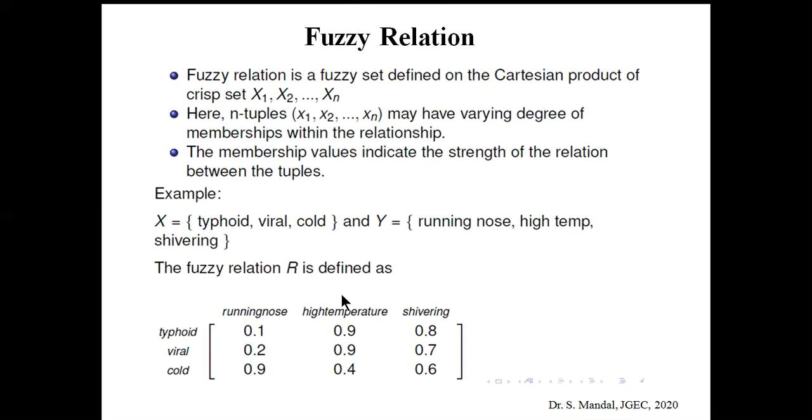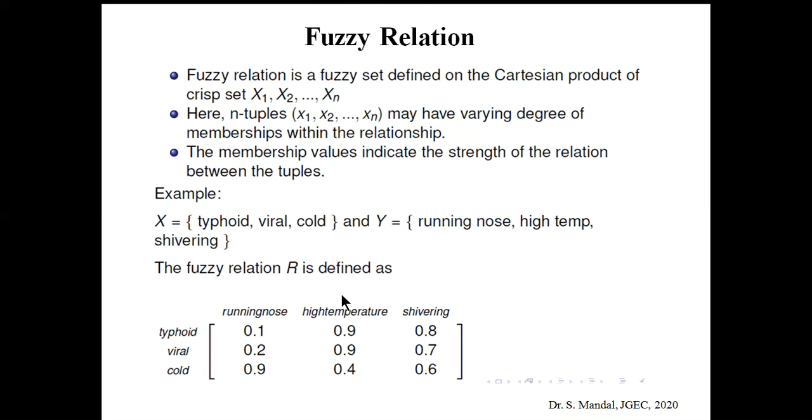And if I have cold, obviously my temperature will not be so high, but I have a running nose. That means there is some kind of relationship between two fuzzy sets, and that is denoted by the fuzzy relation.